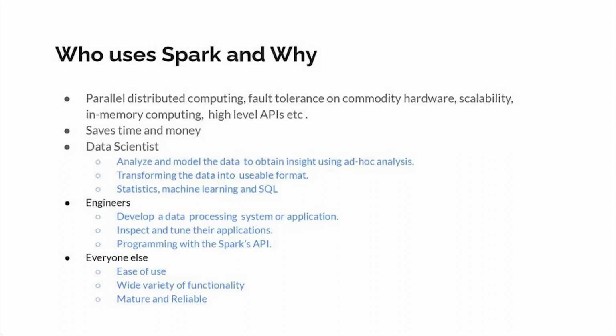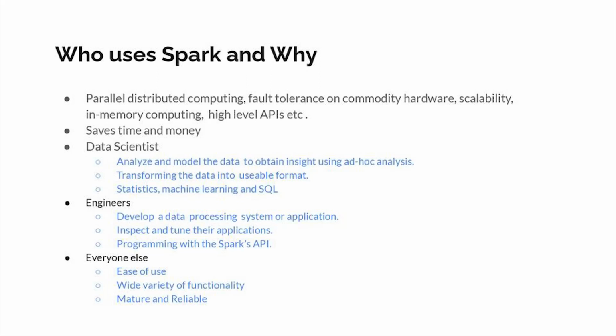We can build Spark applications using Scala, Python, and Java, which makes it very user friendly for different developers. Then, what is commodity hardware? Commodity hardware is basically any normal computer in any organization, not a supercomputer. So we can build an Apache Spark cluster on any normal computer.